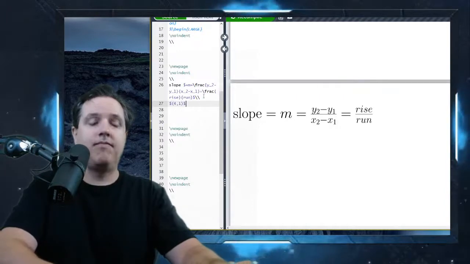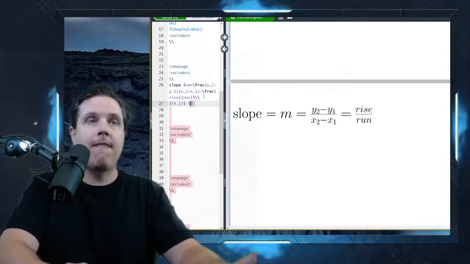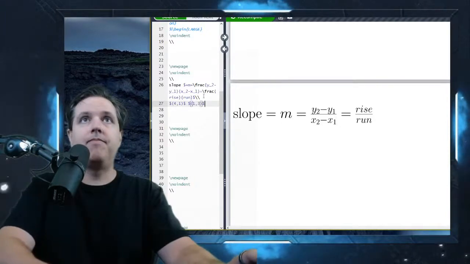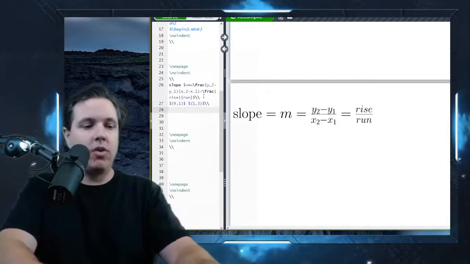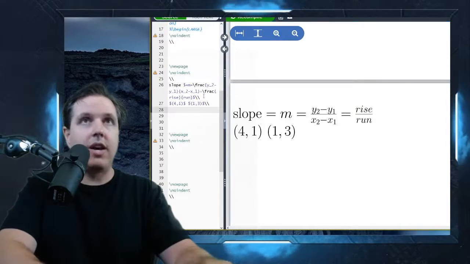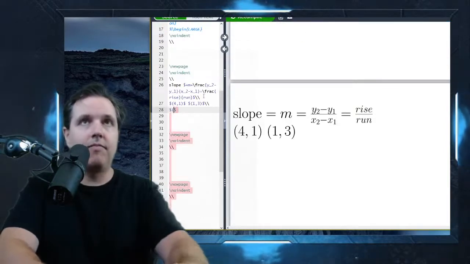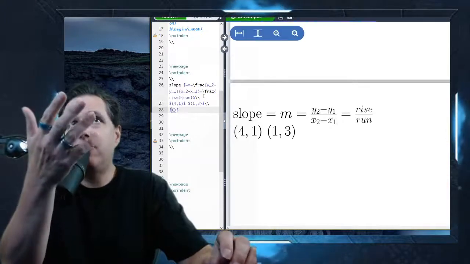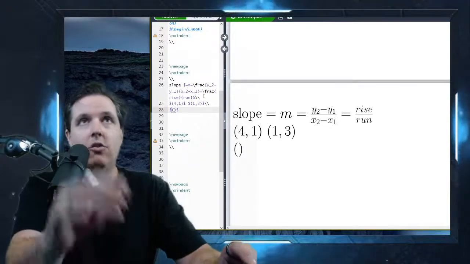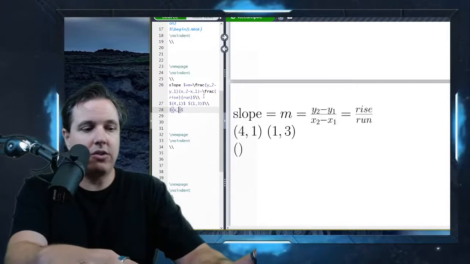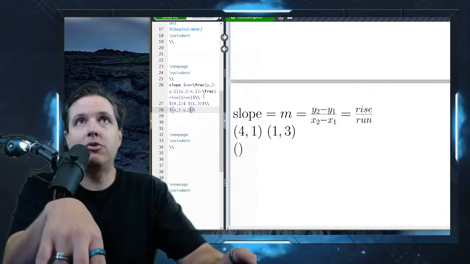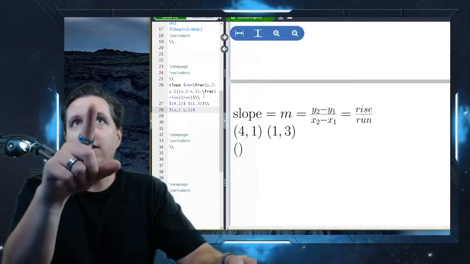So we take 4, 1 and 1, 3. It doesn't matter, but I'm going to call the one I have listed first X1, Y1. That little subscript just means they're from the first point.